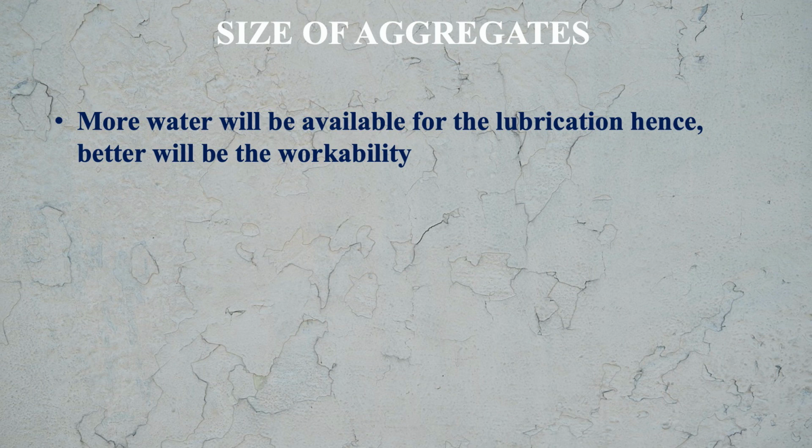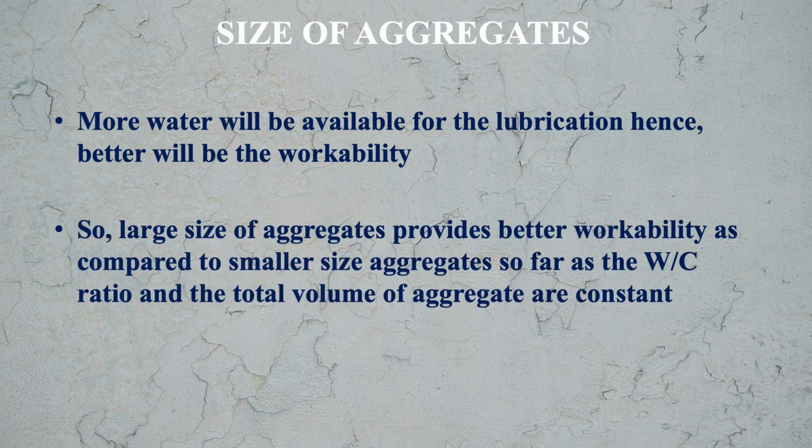More water will be available for the lubrication, hence better workability will be there. So large size of aggregate provides better workability as compared to the smaller size aggregates, as far as the water cement ratio and the total volume of aggregates are constant. So this is the effect of size of aggregate.